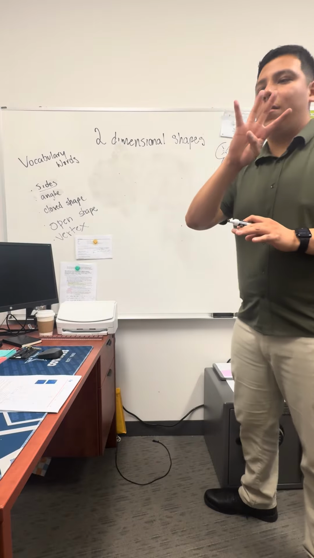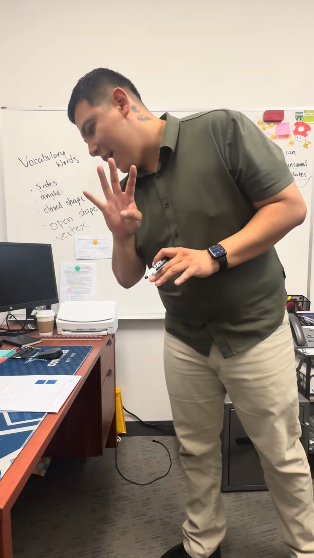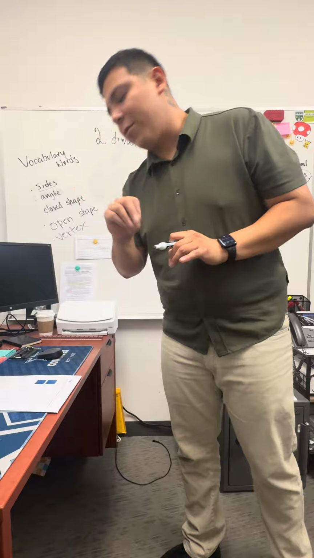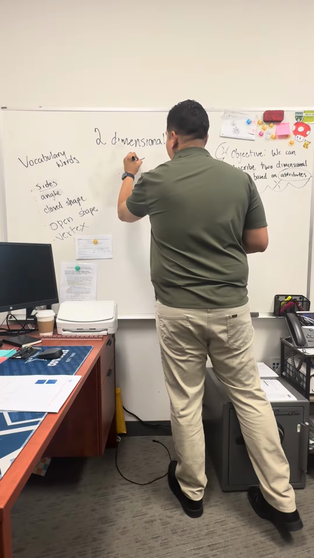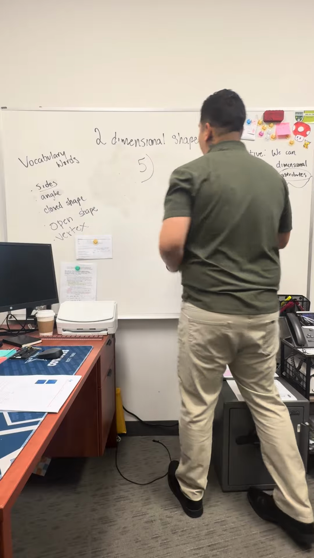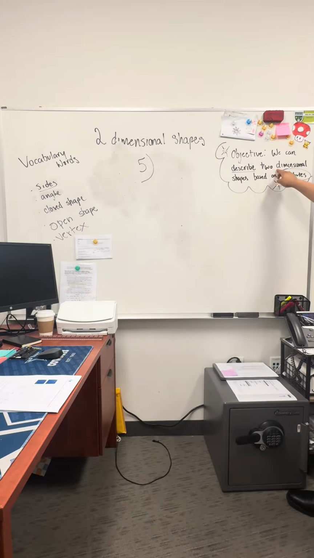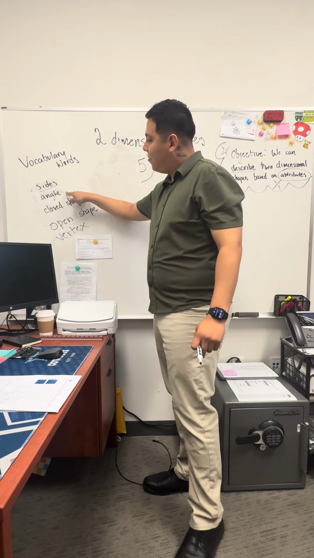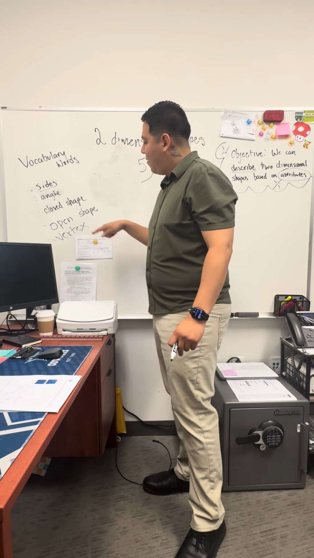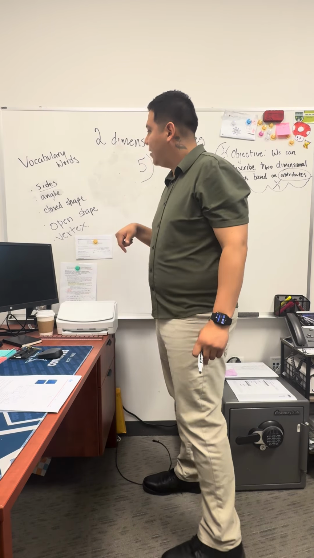Instead of shapes that have attributes of 4 sides, 4 angles, we're gonna make it a little bit interesting. I want you to do 5. I want you to do a 2-dimensional shape that has 5 angles, 5 vertices, 5 sides. Okay, I'm gonna give you guys a couple minutes and we'll draw your examples up on the board.